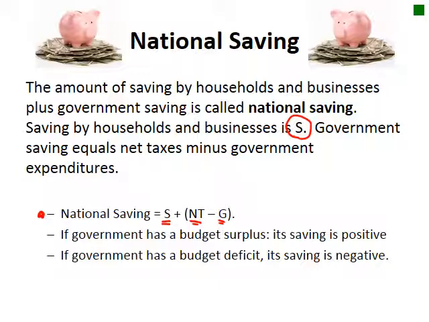So here's the national savings: savings by consumers or households and businesses plus net taxes minus government expenditure, meaning everything that's left over at the end of the day that a government has not spent. If the government has a budget surplus, the saving is positive. If the government has a budget deficit, meaning they're spending more than they're collecting in taxes, the saving is negative.